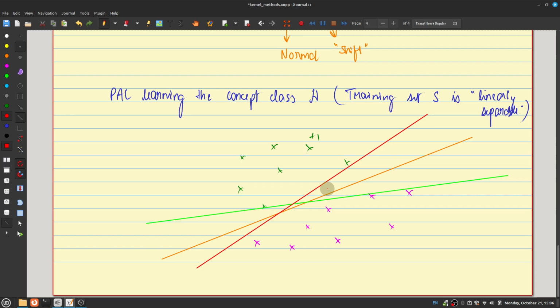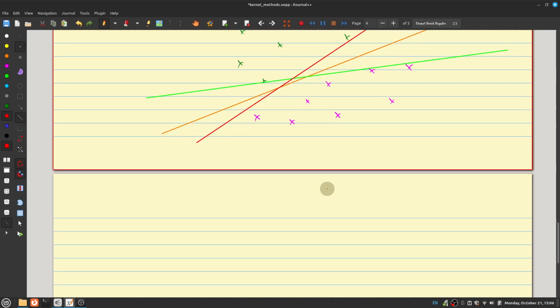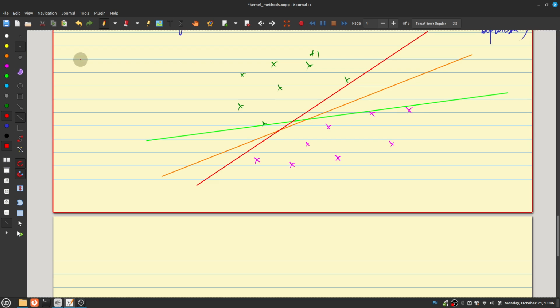Another reason is that, as we'll see, we can formulate this so that we can actually solve for it more efficiently. Exactly as you said, I'm going to try to maximize the minimum distance to any of the training points.